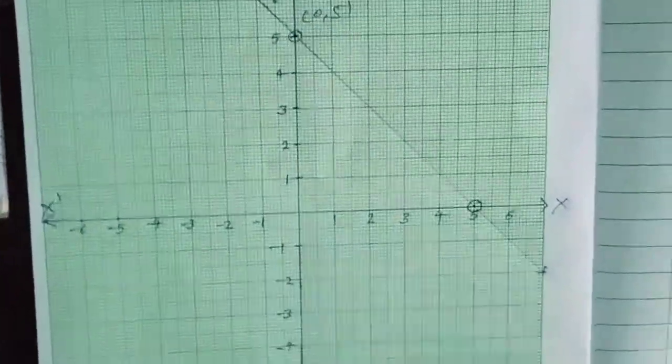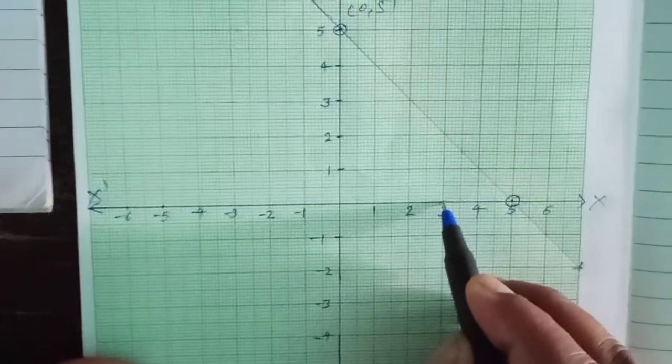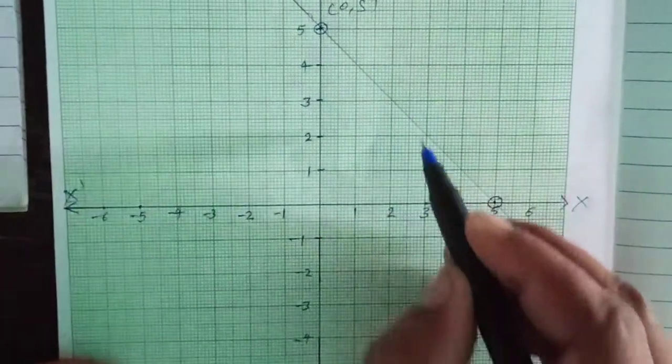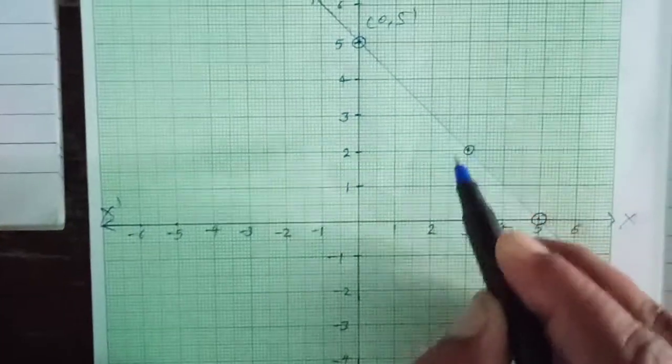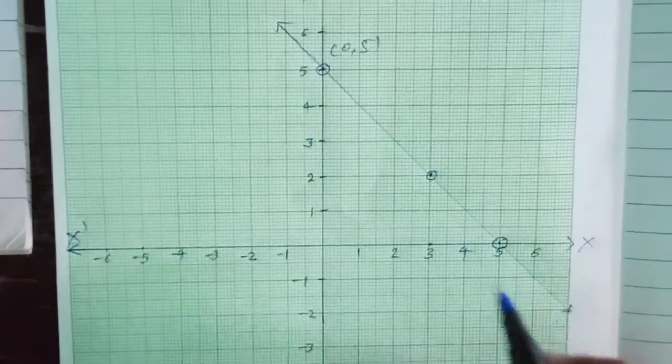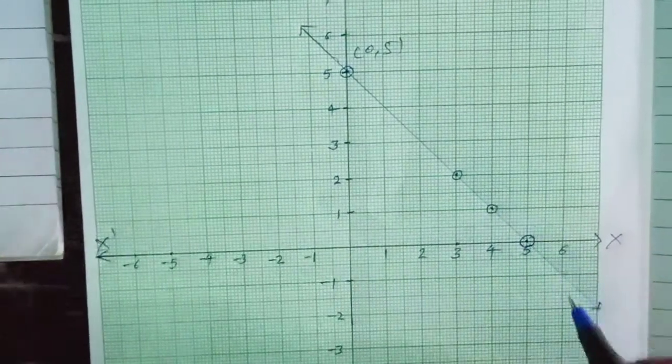Second equation: 3, 2. x is equal to 3, y is equal to 2. This is the point. And 4, 1. x is equal to 4, y is equal to 1. This is the point. Okay.